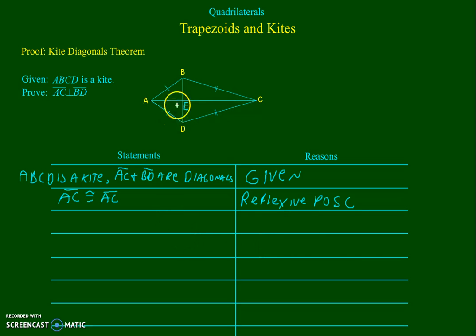Now we can say that triangle ABC is congruent to triangle ADC, and that's by side, side, side congruence. Now we want to show that this triangle is congruent to this triangle. So the first step there, let's go ahead and say AE is congruent to itself.